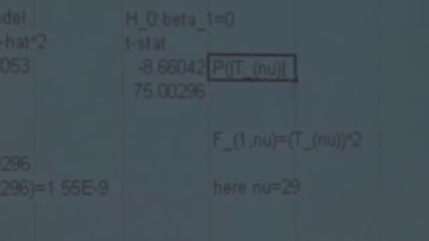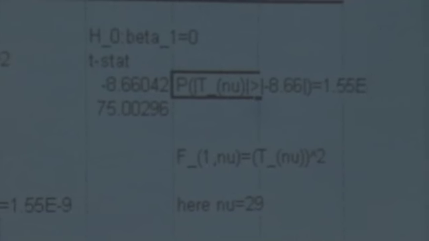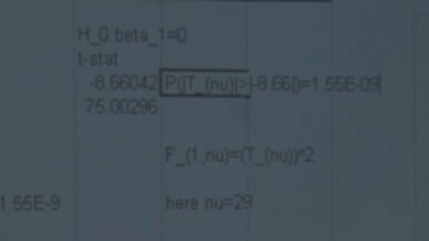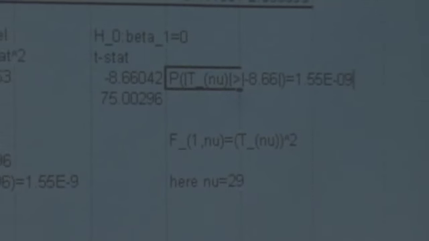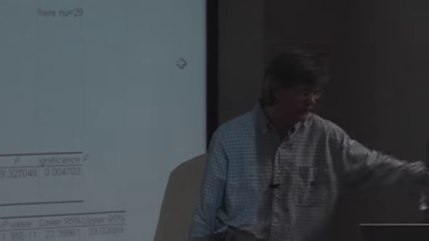Those are the p-values. It's a two-tailed probability.